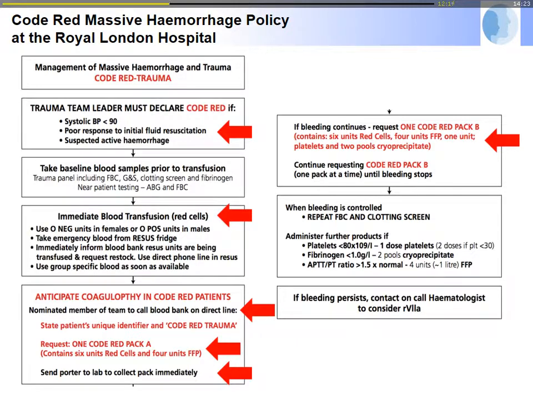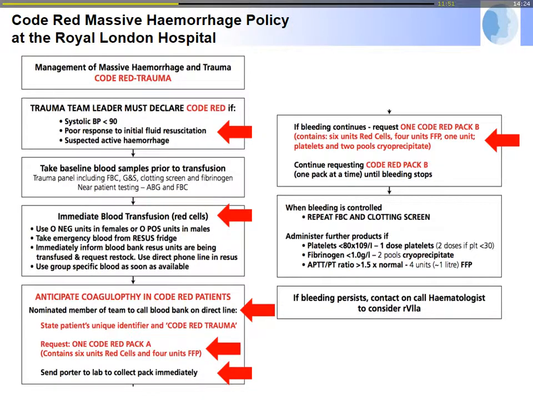The best is that when you get the call that a patient will arrive in your trauma center, you order O-negative red blood cells, to be able to give red blood cells immediately when the patient arrives in the emergency room.